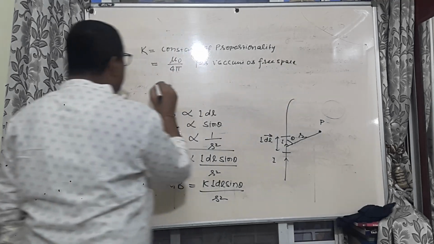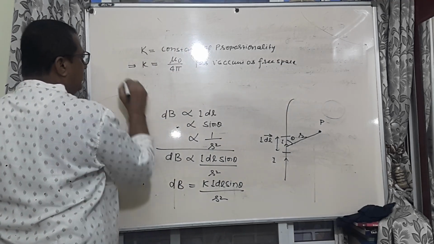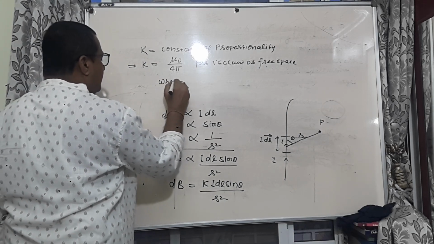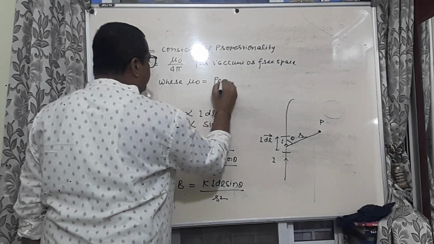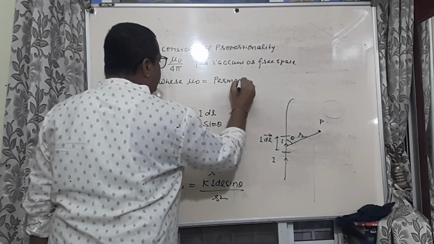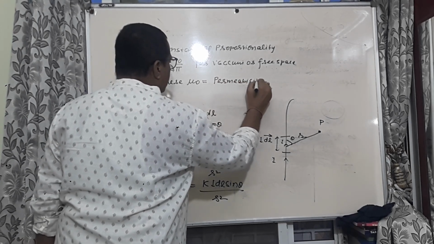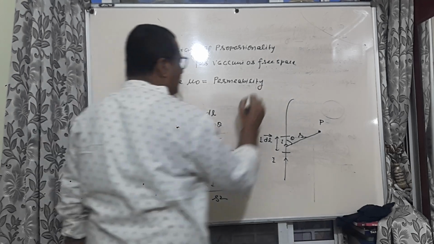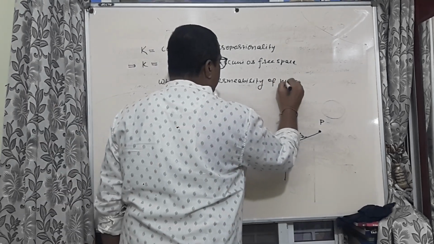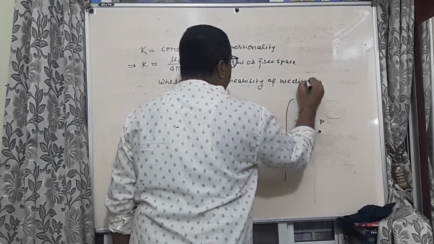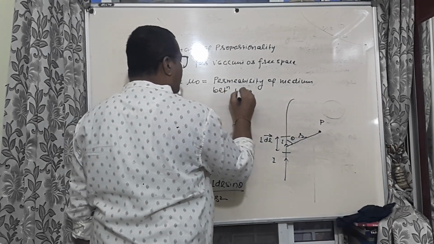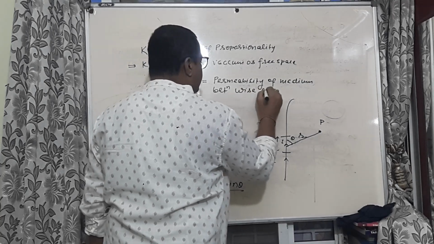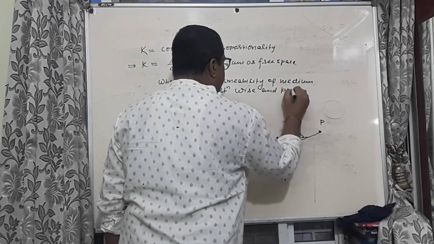Then what is this mu naught? Where mu naught is the permeability of the medium between wire and point of observation.